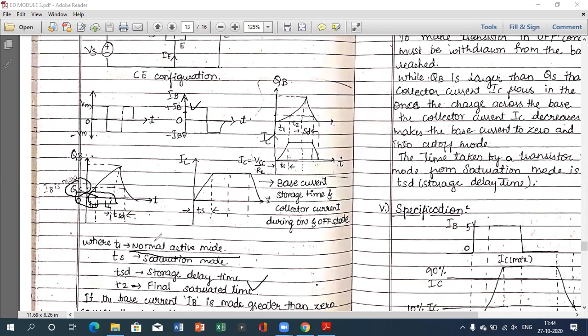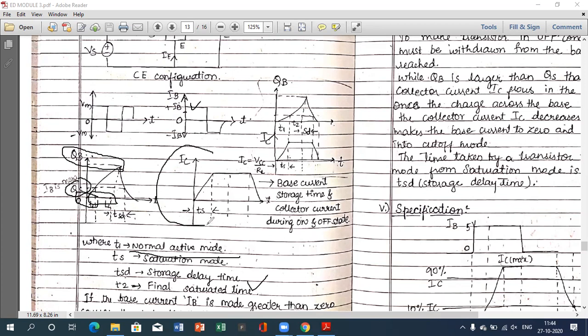At this time, the charge across the base increases to QB. When it reaches the QB charge, the operating point of the transistor reaches saturation. That is what is shown here.